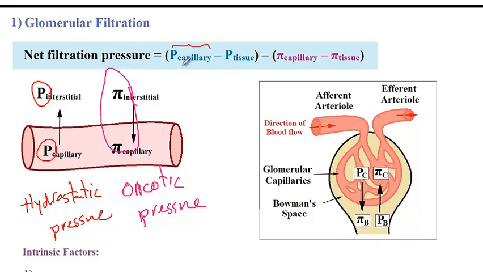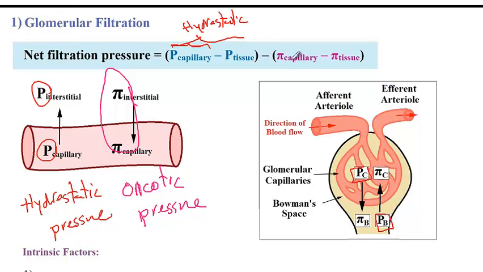So the first factor is P of capillary minus P of tissue, or more specifically, Bowman capsule. That comprises the hydrostatic pressure inside the capillaries minus what is inside the Bowman's capsule, so PC minus P of Bowman.